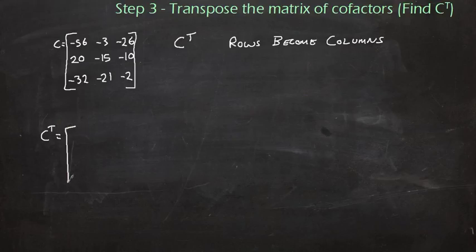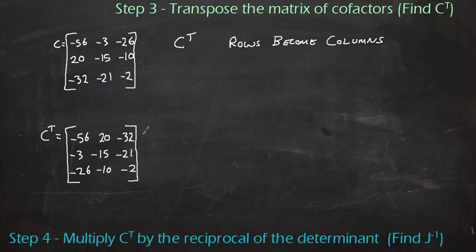The next step is to transpose this, so we take the first row and we make it the first column, or take the first column and make it the first row. It's the same thing. As long as you take each column in turn and make it a row, or take each row and make it a column, you will end up with the transpose of the matrix of cofactors, which is known as the adjoint, but more commonly known as the adjugate.